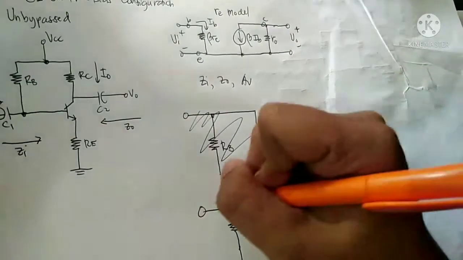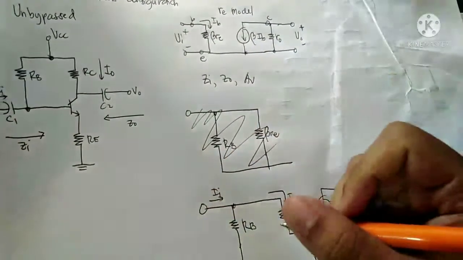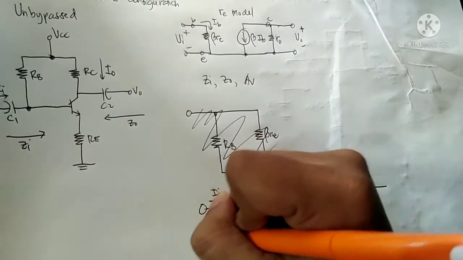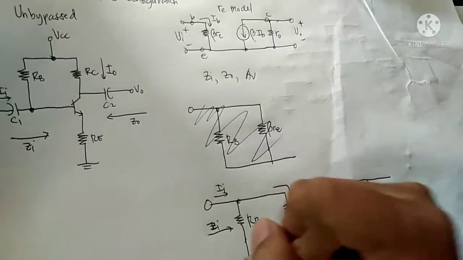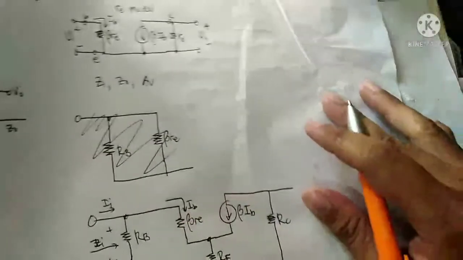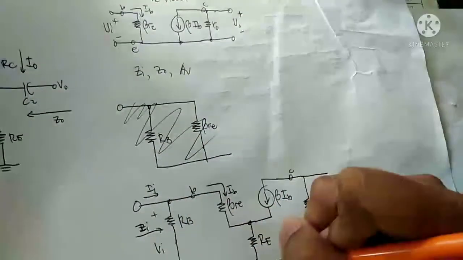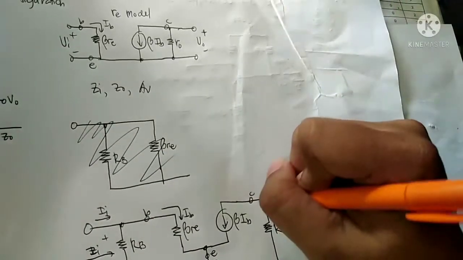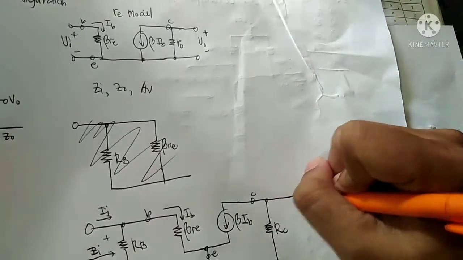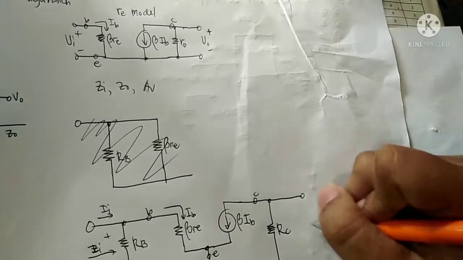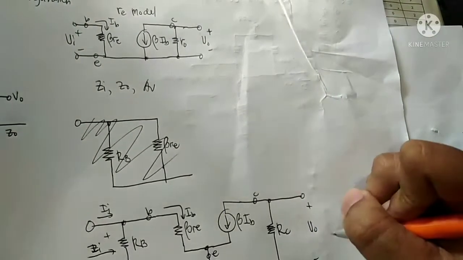This is the input current ib, the input impedance Zi, this is base, and this is collector. A small letter designates AC analysis, while a capital letter is DC.